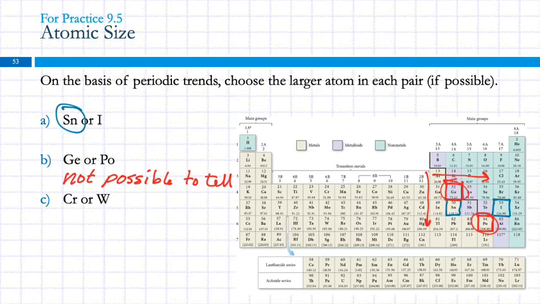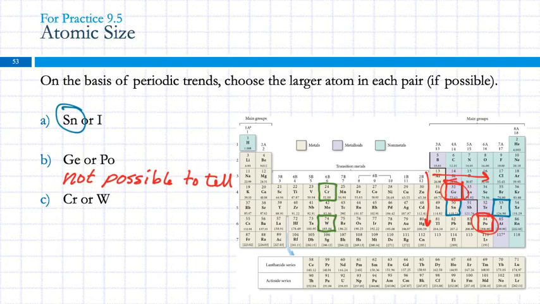Okay, chromium or tungsten, Cr or W. Well, I gotta find these guys. W, where'd you go? There you are. We are careful about the questions we ask you here, because it would not be fair.